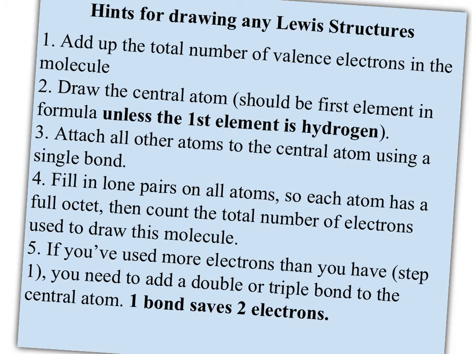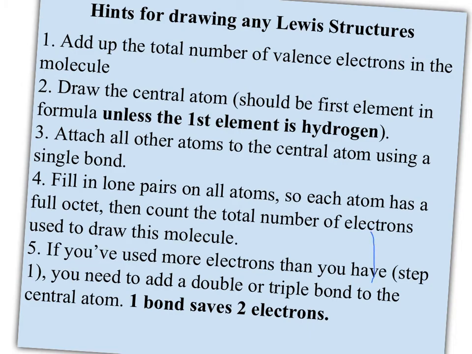I attach all the other atoms to the central atom using a single bond. Then I fill in the lone pairs on all the atoms and see that each atom has a full octet. Count up that total number of electrons that I used to draw the molecule, and now I compare that to the number of electrons that I calculated I had back in step 1 and look to see if I need any double or triple bonds.